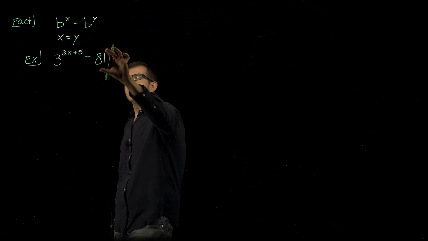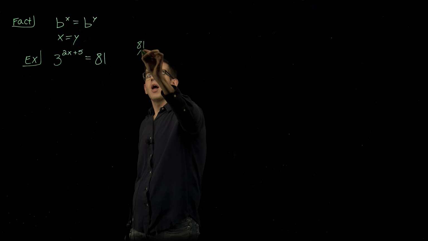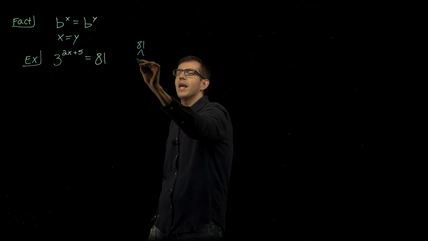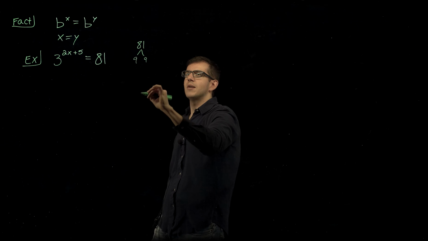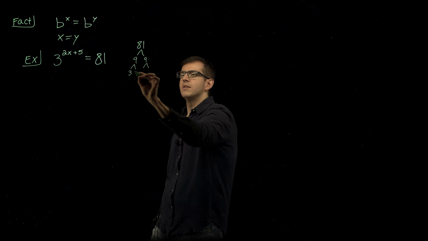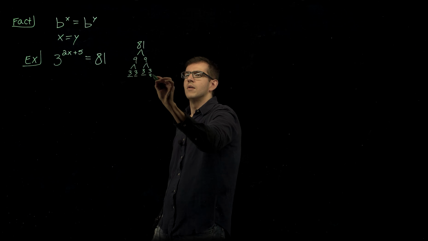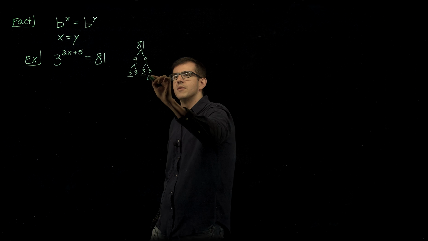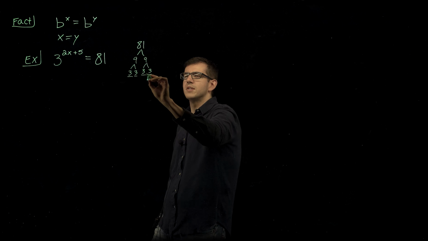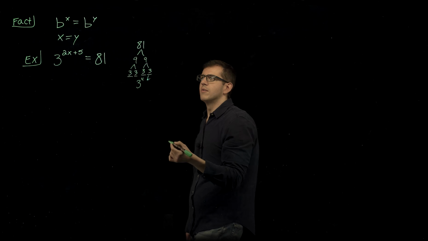But if we look at 81 and break it down with its prime factorization, we can rewrite 81 as 9 times 9 and 9 as 3 times 3, giving us 3 times 3 times 3 times 3, or 3 to the fourth power.